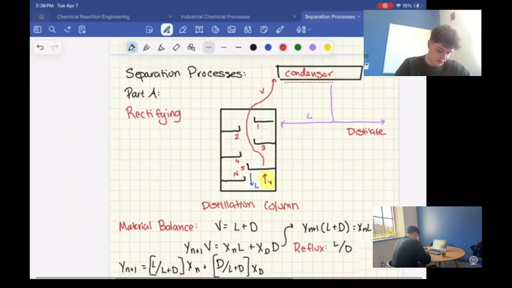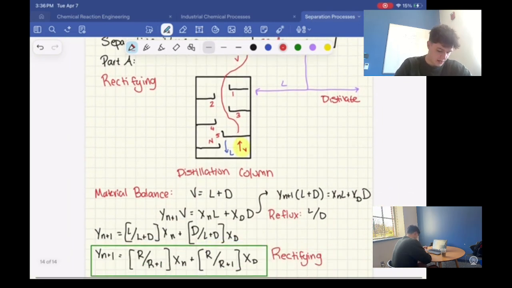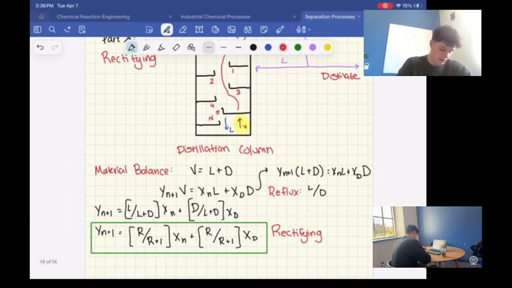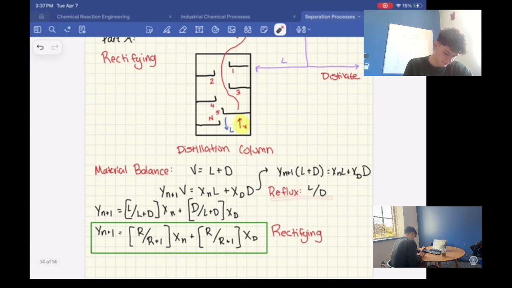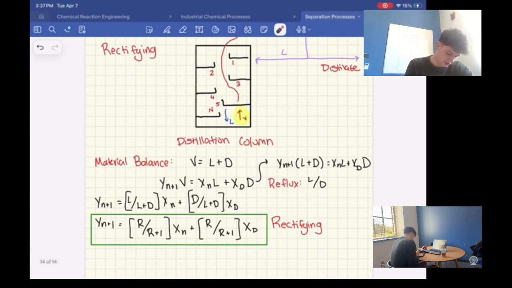The product of the condenser is going to be a mixture of liquid and distillate, and that liquid to distillate ratio is considered our reflux. After creating this equation right here, we are able to plug reflux in and arrive at this rectifying equation highlighted in green. And now we are able to continue into the stripping portion of this video.